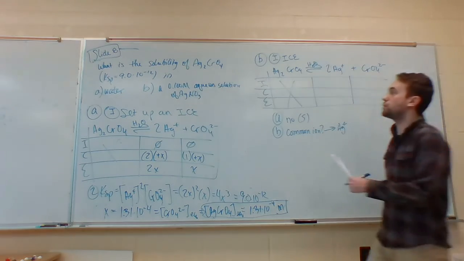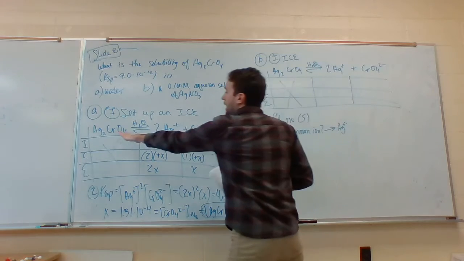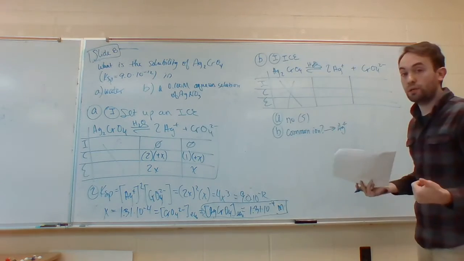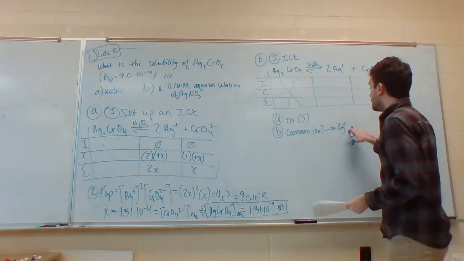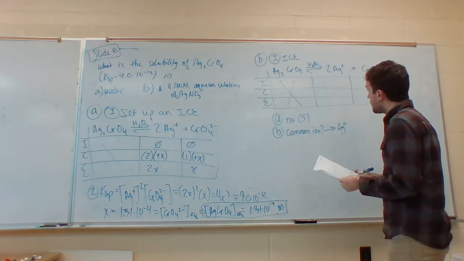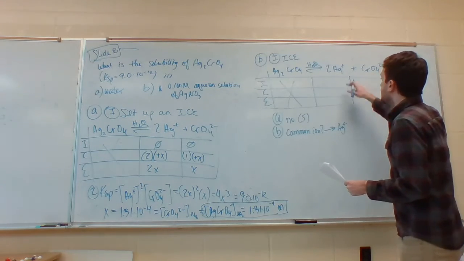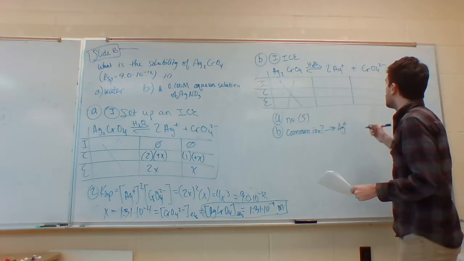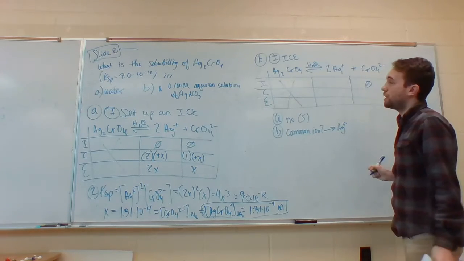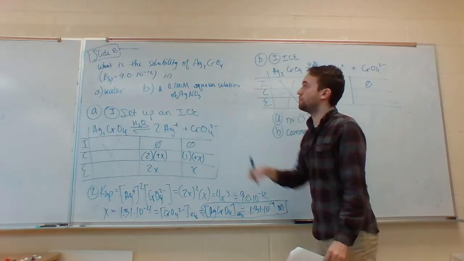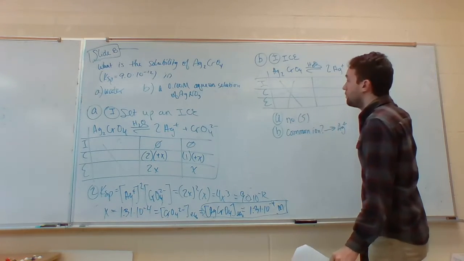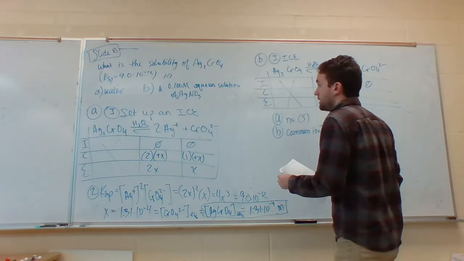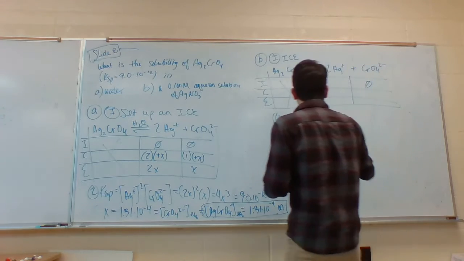It's shared between our aqueous solution and the salt that we're trying to dissociate, okay? So that means that we're going to need to figure out our initial concentration of silver, right? There's going to be none of our chromate, because there's no silver chromate, there's no chromate in our solution yet.